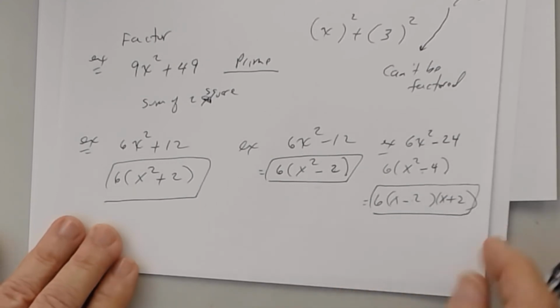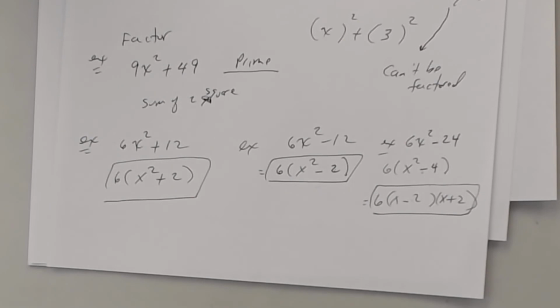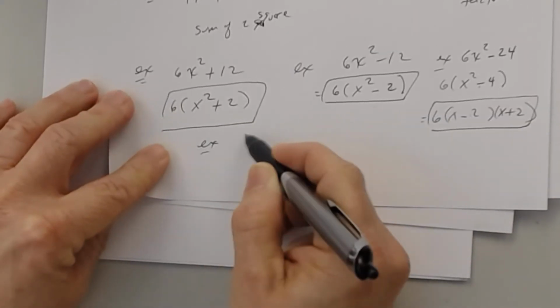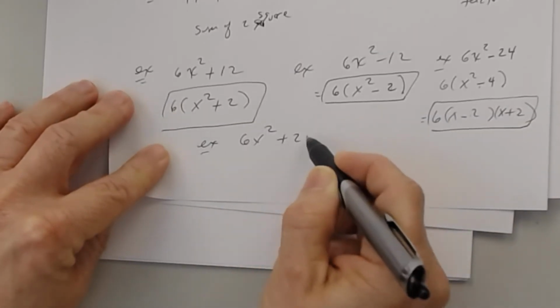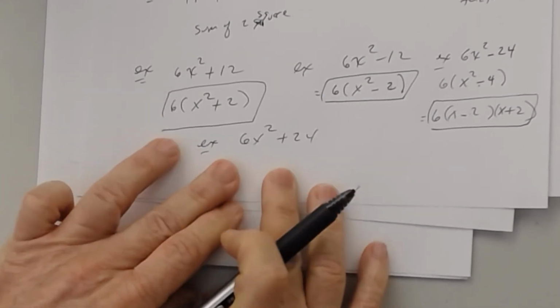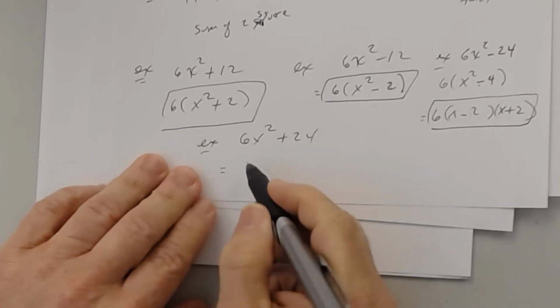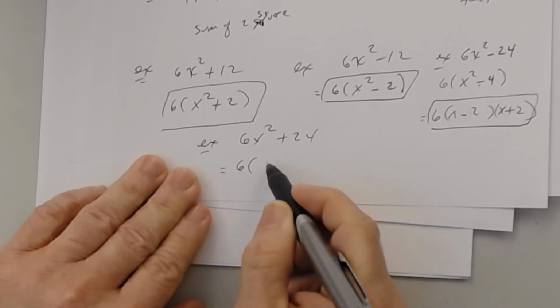Okay? All right, so at this point, you've learned about the difference of two squares and the sum of two squares. And the sum of two squares cannot be factored. So let's say you had 6x squared plus 24. Is this prime? No. Why not? GCF. So I can factor this as 6 times what?